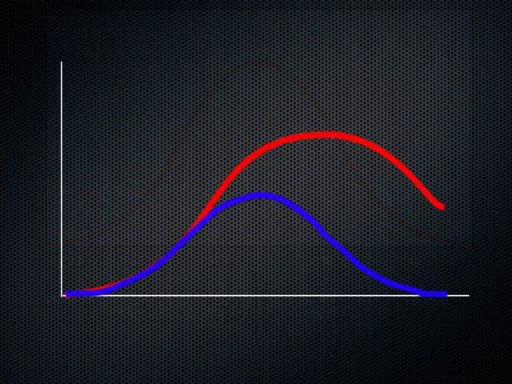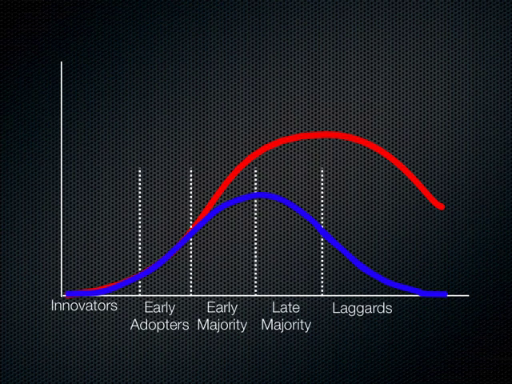If we compare the diffusion of innovation curve with the product life cycle, we can see that the diffusion of innovation curve starts as the innovators see a product, but the product development curve actually starts before the innovators see it, with the development. As we introduce the product and then watch the product grow and then mature, we can see how the maturity lines up with both the early and late majority, and those are pretty key times for the rollout of our system.